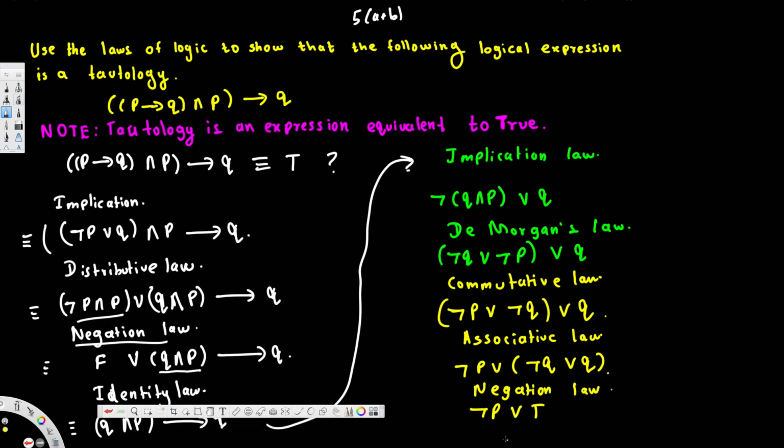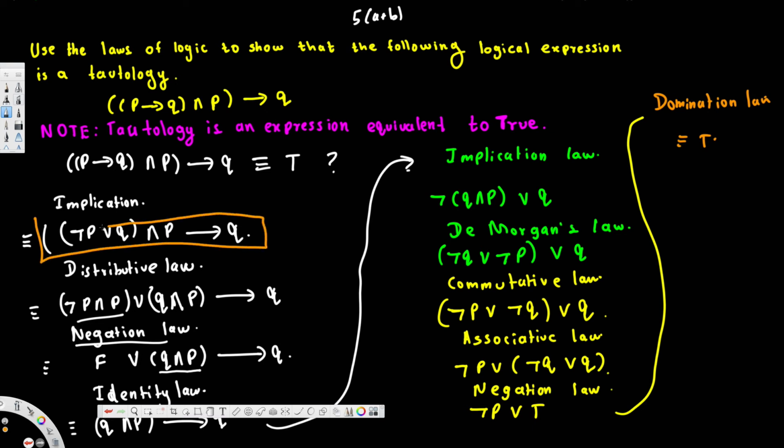And then finally we can end this one with a domination law. Domination law says if you OR anything with true, that's going to be true. So this is equivalent to true. So therefore we proved this thing is equal to this one.